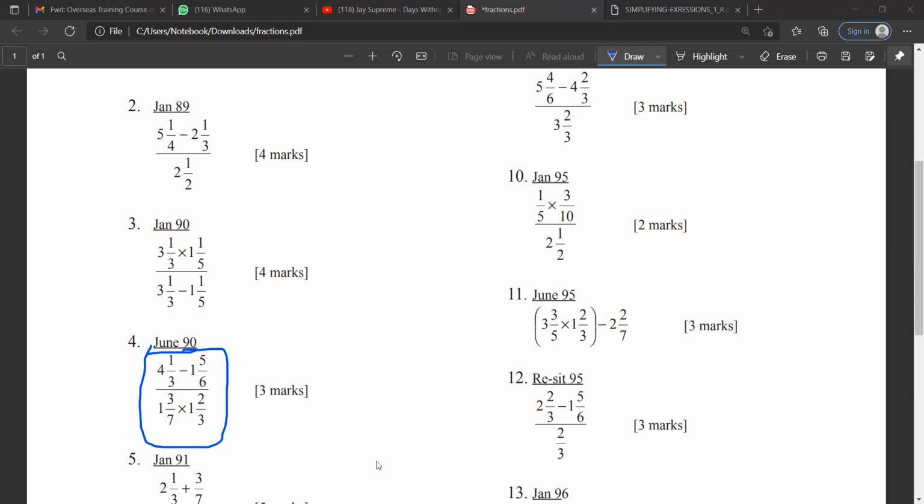For the person who just came in, I think it's Lishon. So we're working number 4. You have 3 minutes to complete it. Number 4.